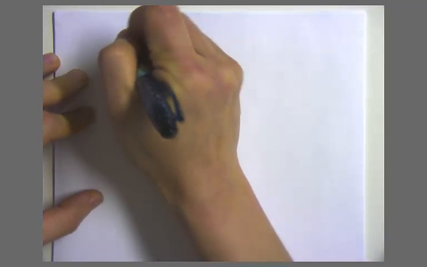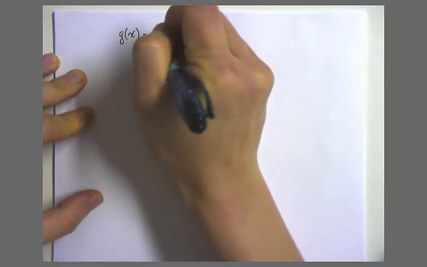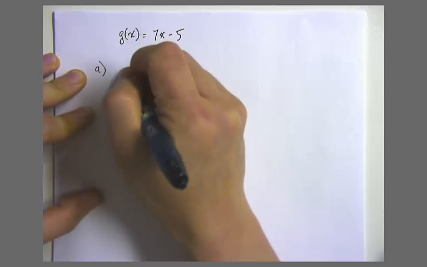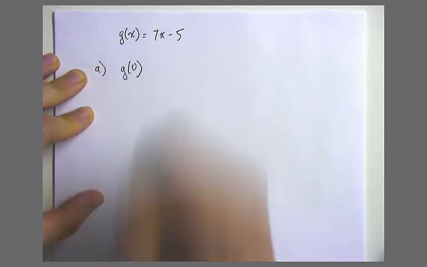So here we go. The function that we have. Okay, so for the function that we have, g of x equals 7x minus 5. So in part A we were asked to find g of 0.